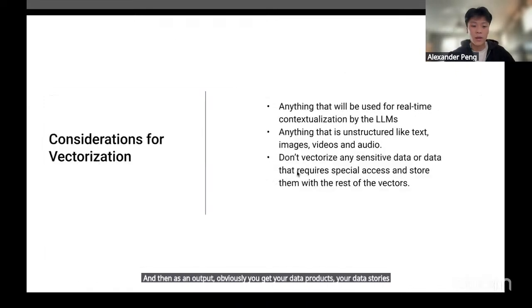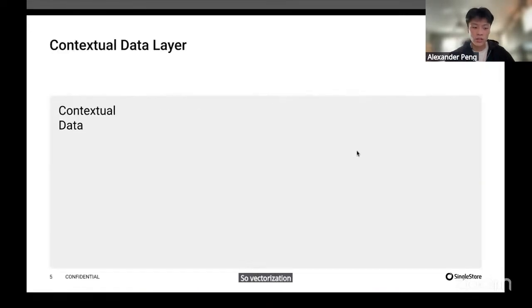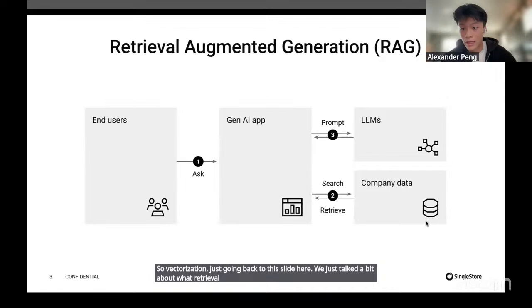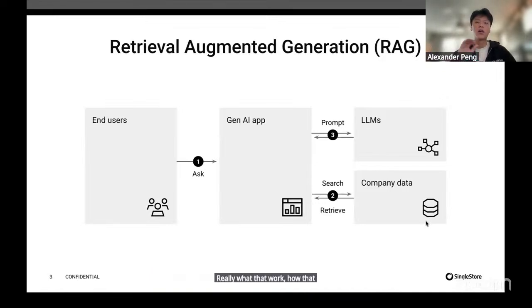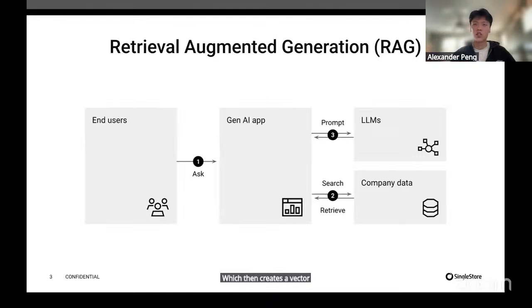And we'll talk a bit about what vectorization means. Going back to this slide here, we just talked a bit about what retrieval augmented generation looks like at a high level. Really, how that works under the hood is when your user gives a prompt to your app, you are passing this prompt through something called an embedding model, which then creates a vector, and that's this process of vectorization.